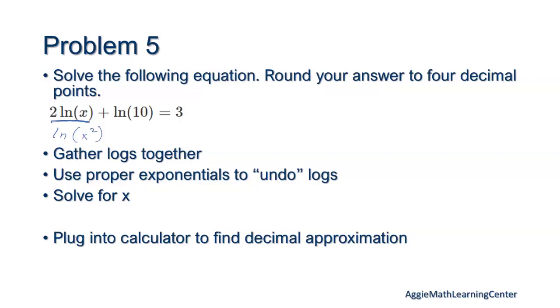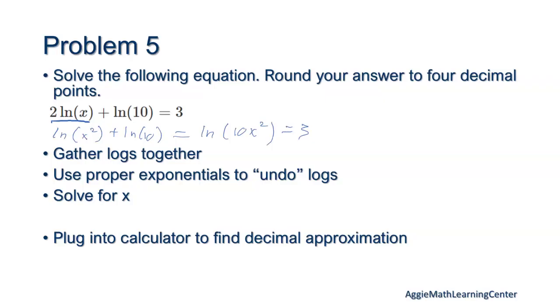And then since that is added to the ln of 10, we can use our other property that says if they're added together, you can multiply what's inside the logs together. And so ln of x squared plus ln of 10 is going to be the same as ln of 10x squared. And that's going to equal 3, because that's what's on the other side of our equation.